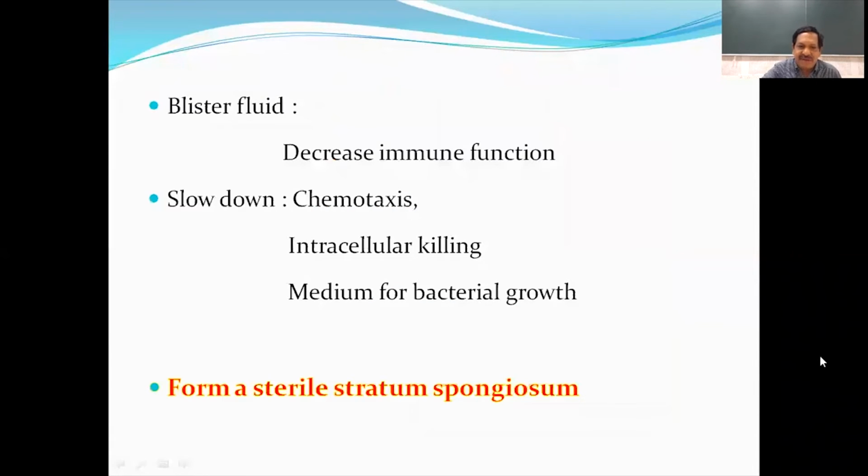This is what we have done. Why you do this is that blister fluid decreases local immune function. It also slows down chemotaxis, slows down intracellular killing, and it is a good medium for bacterial growth. To prevent all these adverse effects, take a sterile needle and just puncture.